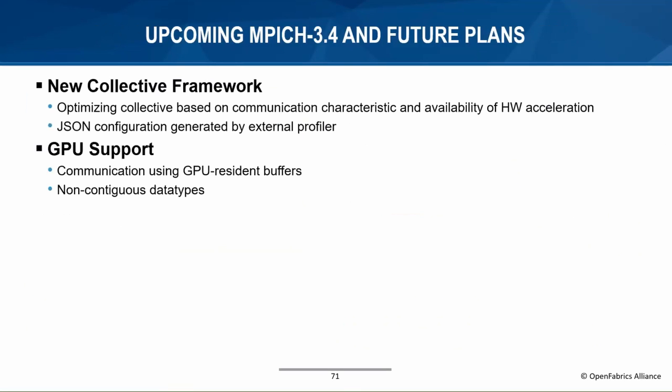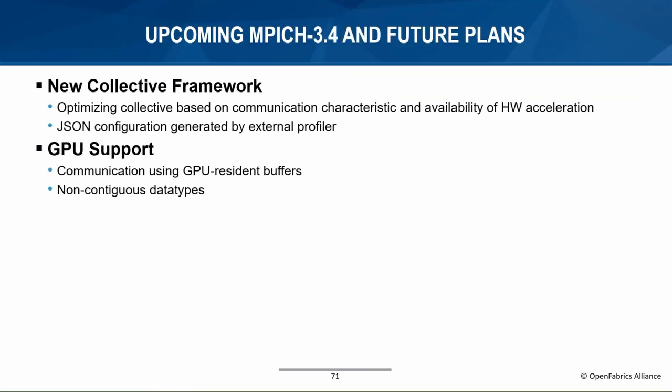Next, I'm going to talk about what we have been working on recently for our 3.4 implementation and how that is related to the fabric work and some of the vendor collaboration work. The first part I want to talk about is what we call the new collective framework.